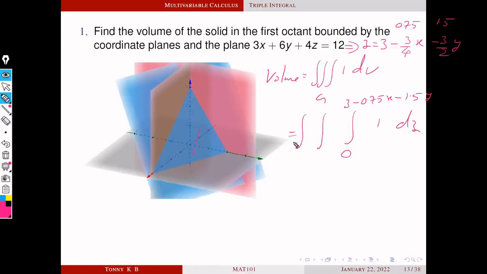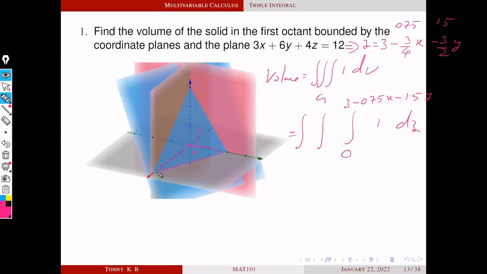Next we have to find the range of x and y in our region R. What is our region R? The projection is a triangular region. So we have to move this vertical strip along this region. We can redraw this triangular region.